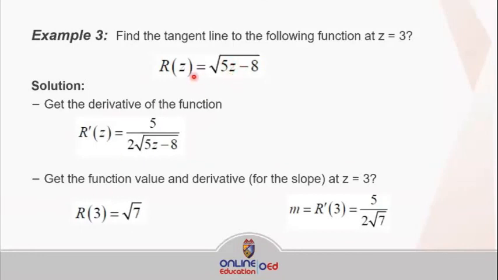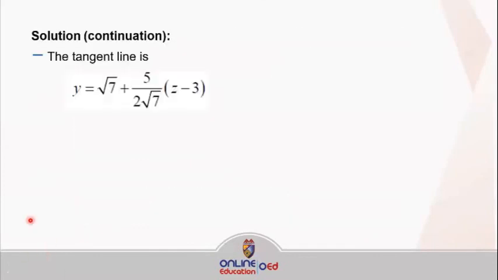For the problem, kapag nagpalit na tayo ng 3, we have the square root of 7. And then for the first derivative natin, which is yung r prime, or yung m natin for the slope, we have the 5 over the 2 square root of 7. And then, kukunin lang din natin yung tangent line. Again, yung diniscuss natin kanina, which is the tangent line, yung formula na yan. Substitution lang natin ng value ng x.